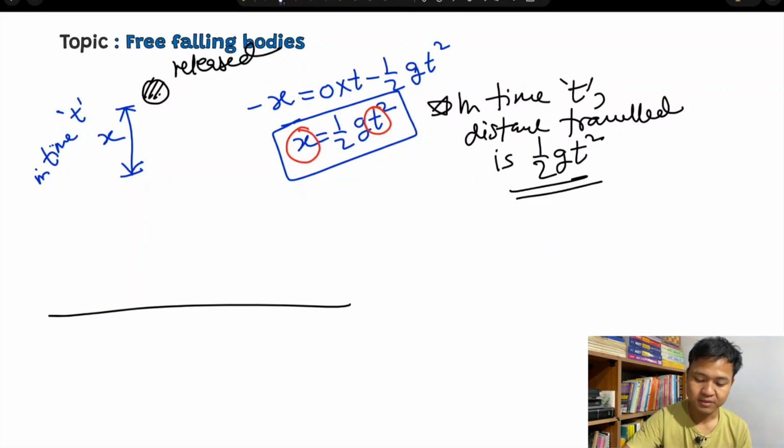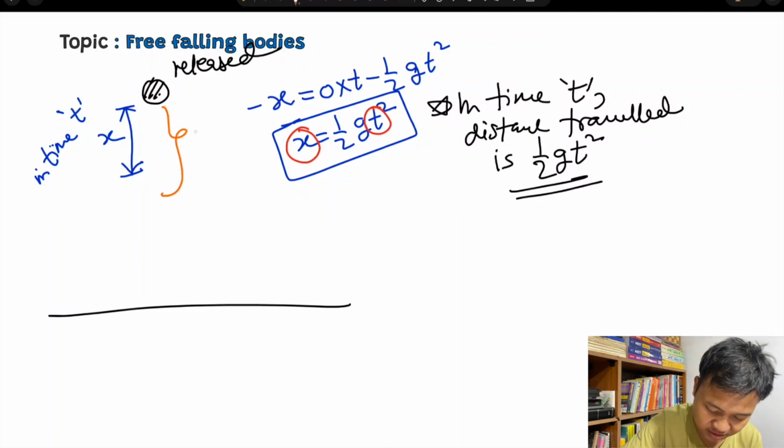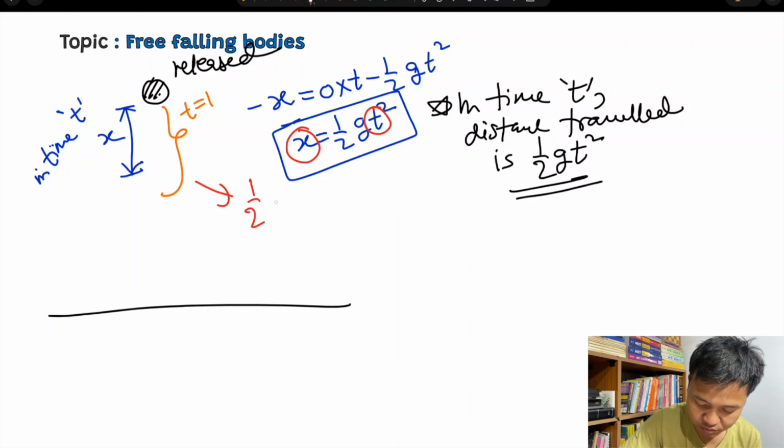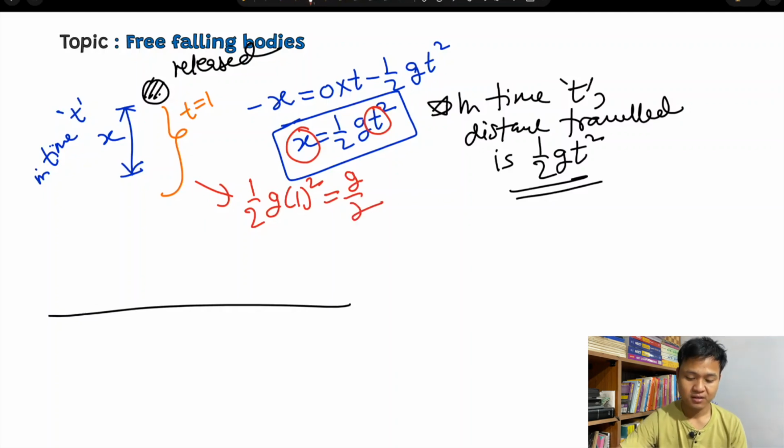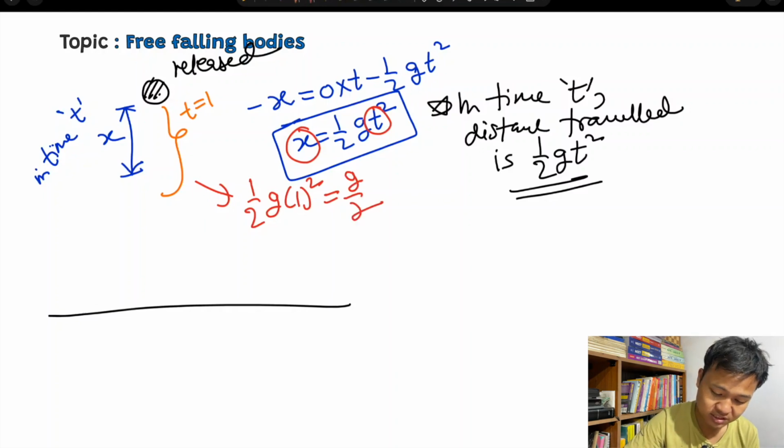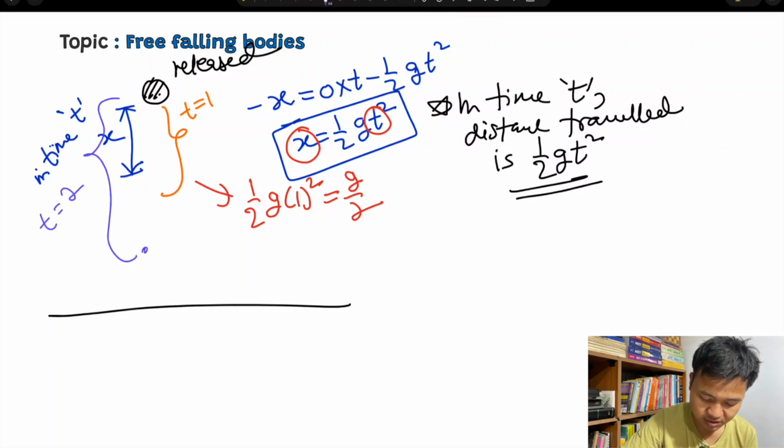Now after 1 second, let's say t equals 1 second. Tell me what is the distance covered? Half into z into 1 square. So that is z by 2. After 2 seconds, let's say the body is here. So how much distance is covered?